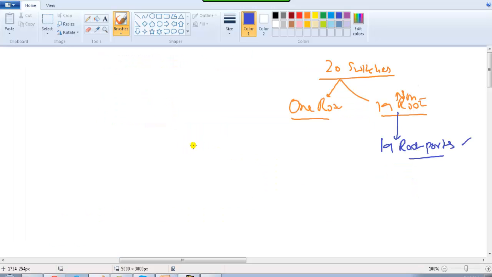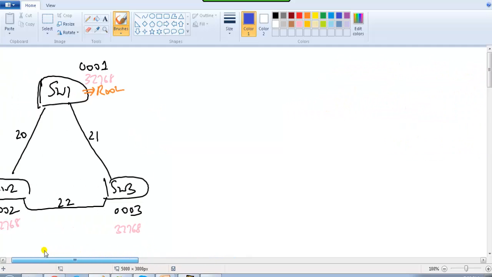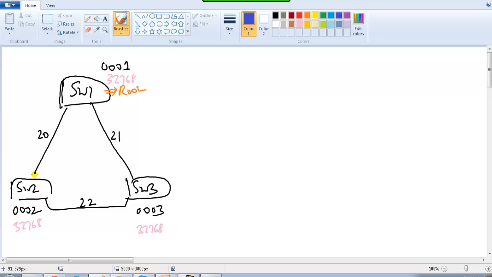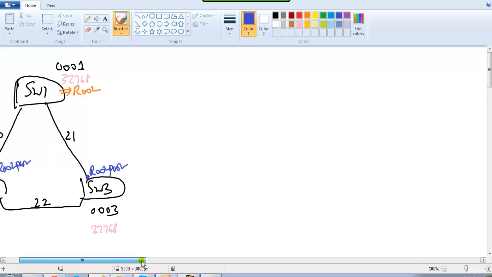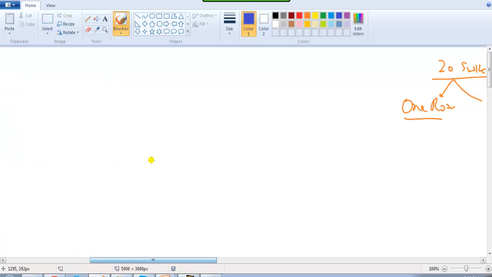Now there might be cases where there is a tie in the cost. What if there is a tie in the cost? In this scenario, this is a root port, that's what we decided. And in this scenario, the switch two also has a root port because of the shortest path. But what if there's a tie in the cost? When there is a tie in the cost, let's take an example.